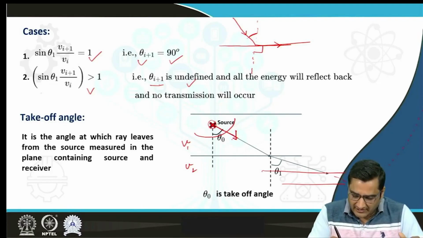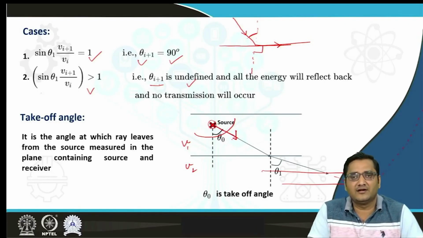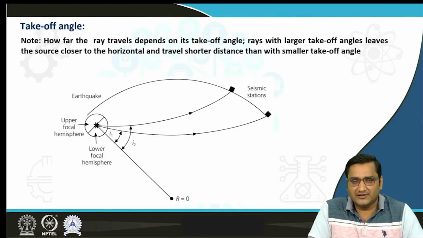The takeoff angle does talk about the distances traveled by the ray. If the takeoff angle is higher, the ray will travel a shorter distance along the surface. If the takeoff angle is smaller, the ray can travel larger distances on the surface. So this is how it works.